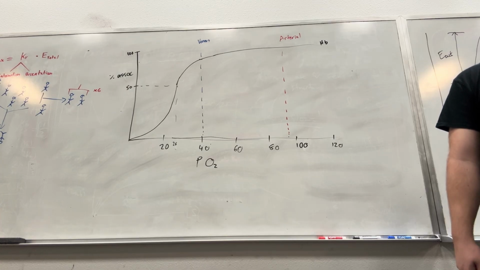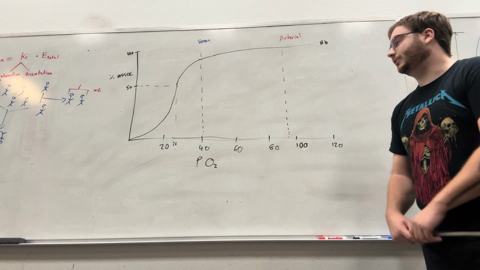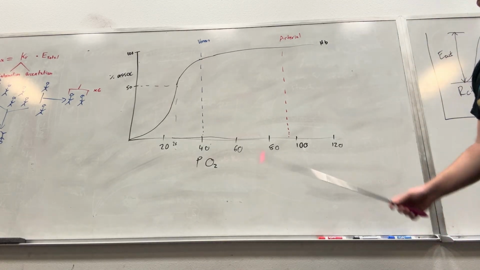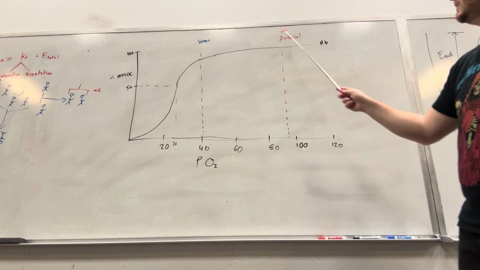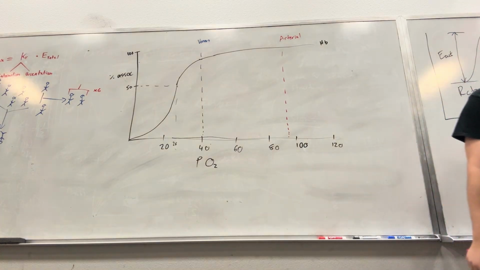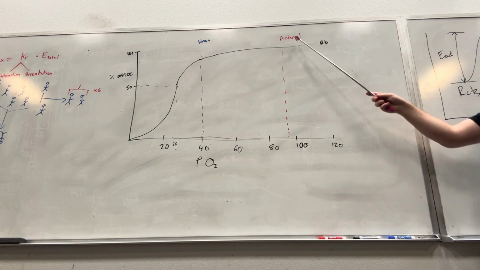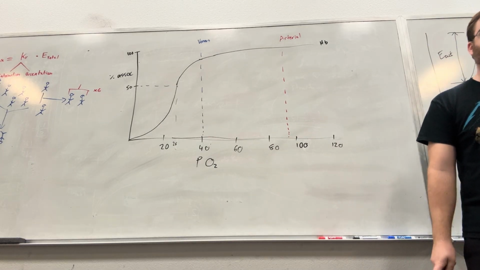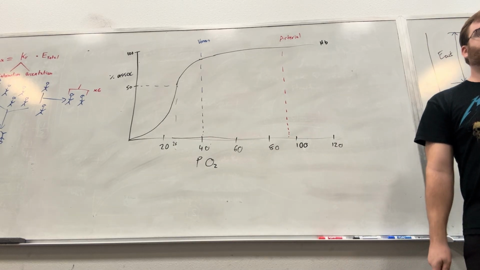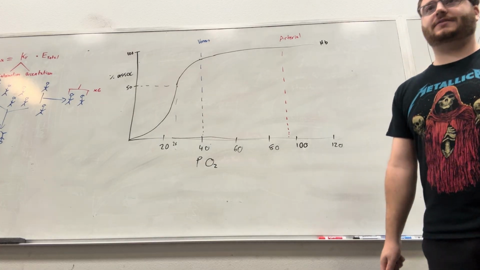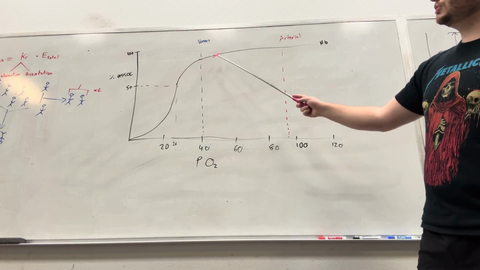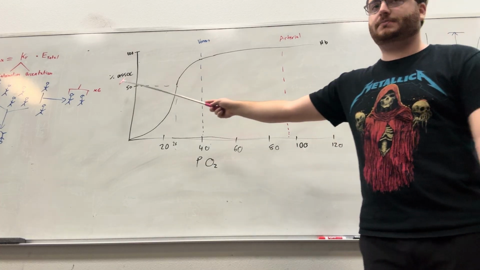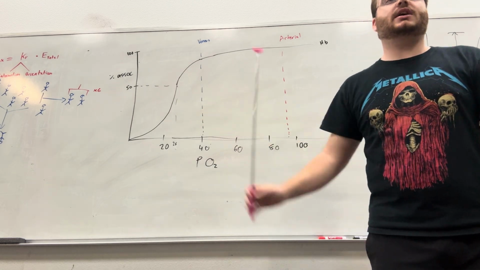Awesome. Now, if you notice, I labeled venous and arterial blood. They're dictated by what partial pressure of oxygen they are at. What's important to know about this graph is that the partial pressure dictates the percent association, not the other way around.